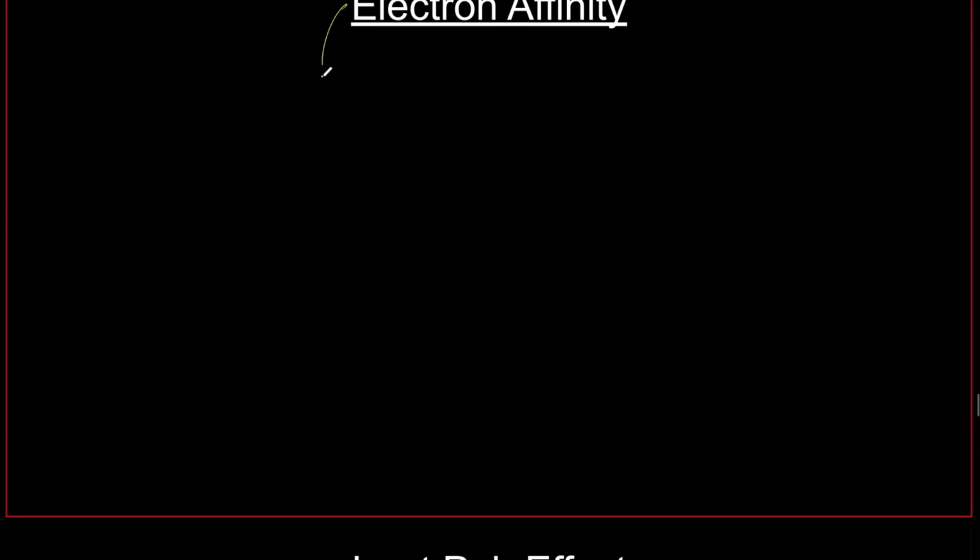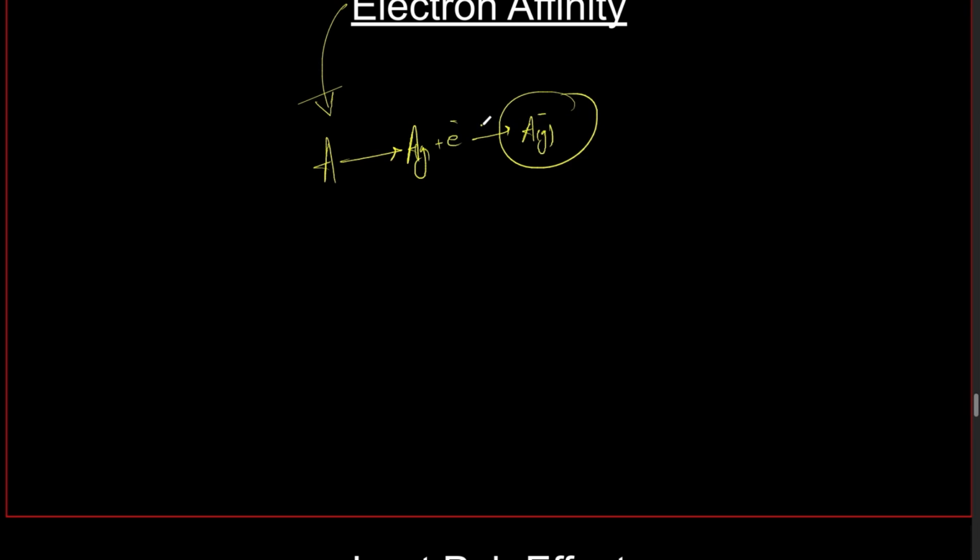Now let's come to the second part, electron affinity. It is actually the opposite of ionizing energy. When you have an element, you turn it into the gaseous state and you want to put an electron into it. The energy involved in doing this is called electron affinity.